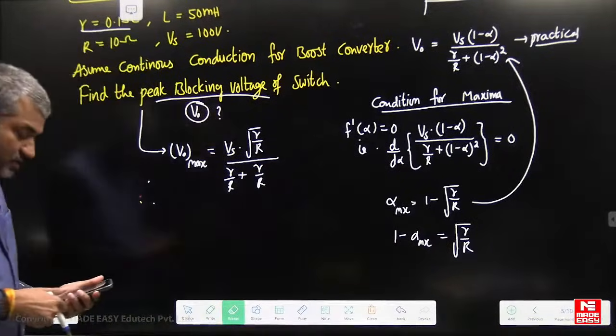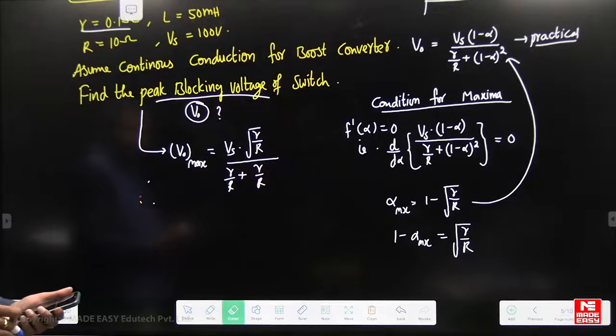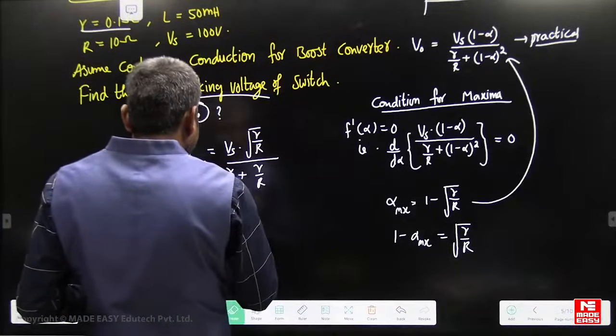So how much will you get? This is 2 Vs, so the denominator will get 2.